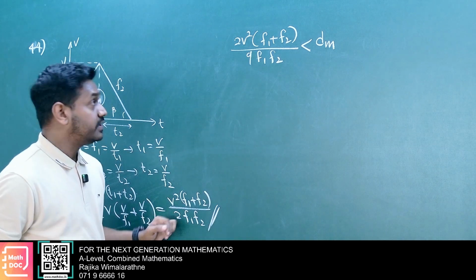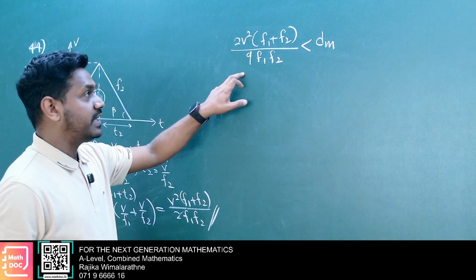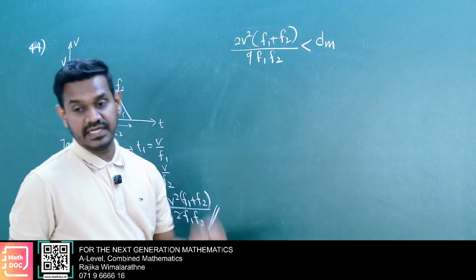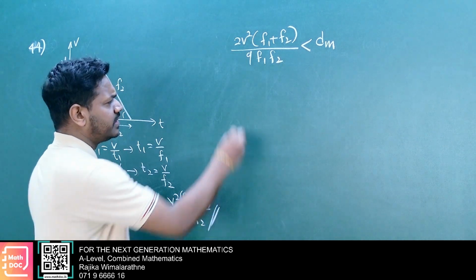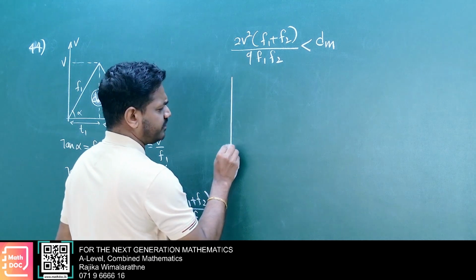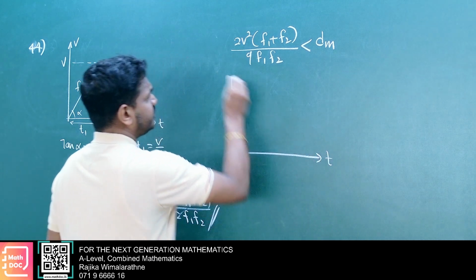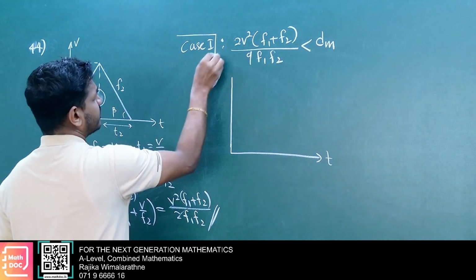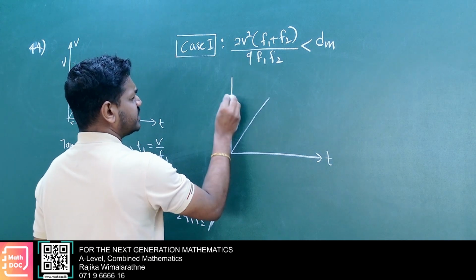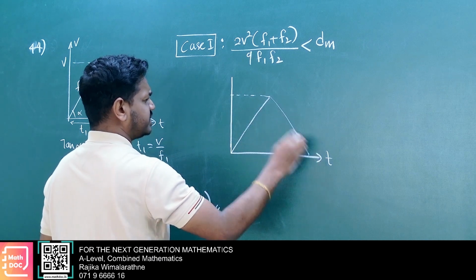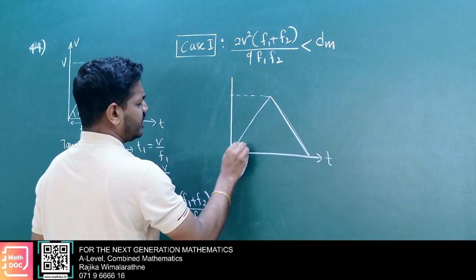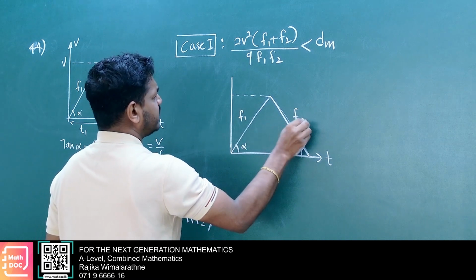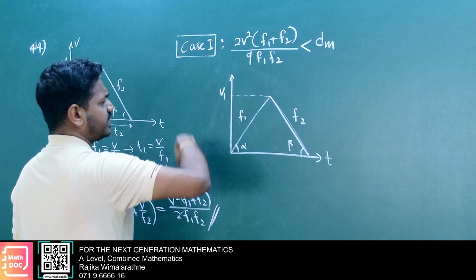Then here half, here 2 divided by 9. Then 2 divided by 9 is surely less than half. Therefore, this displacement is less than DM, the maximum displacement. Therefore the corresponding graph will be acceleration, reach maximum velocity, then retardation. Now take alpha, beta, F1, F2. It can't reach maximum velocity, you have to take another velocity V1.